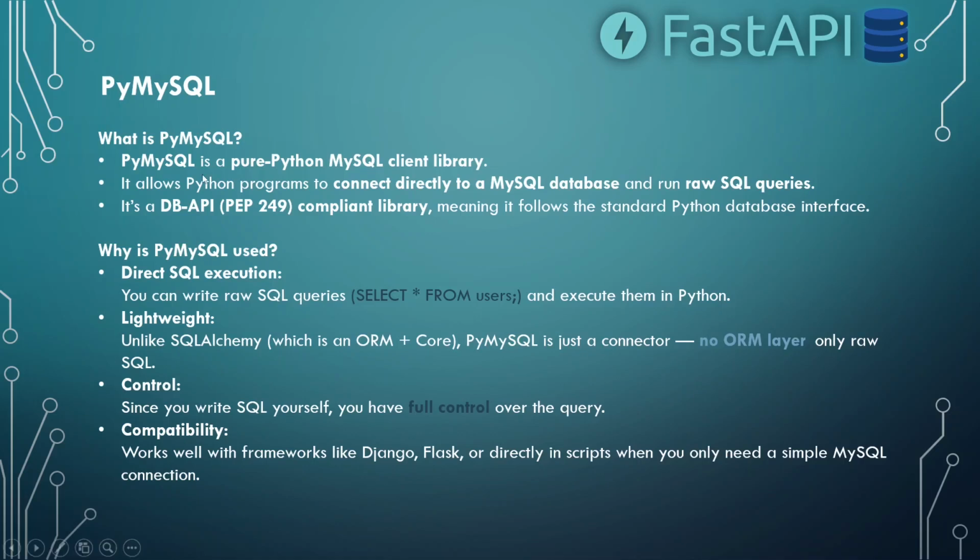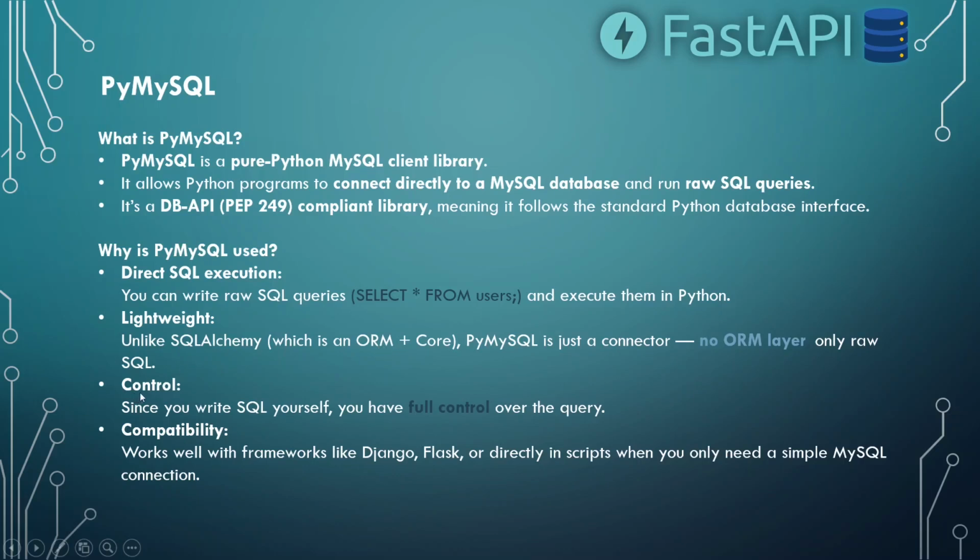Now, why do we use PyMySQL? The first thing is the direct query facility. You can just write raw queries to the database. It is lightweight because it has no ORM, so using PyMySQL you can write only raw queries, but in SQLAlchemy you have both features.